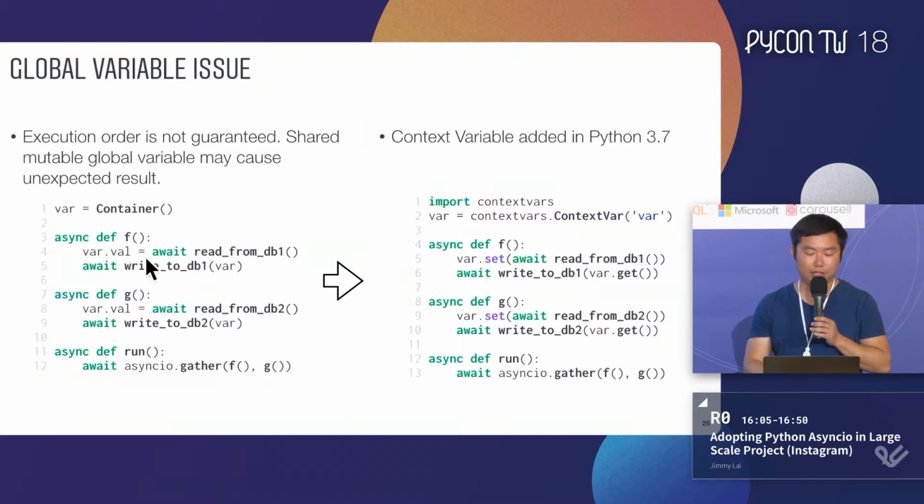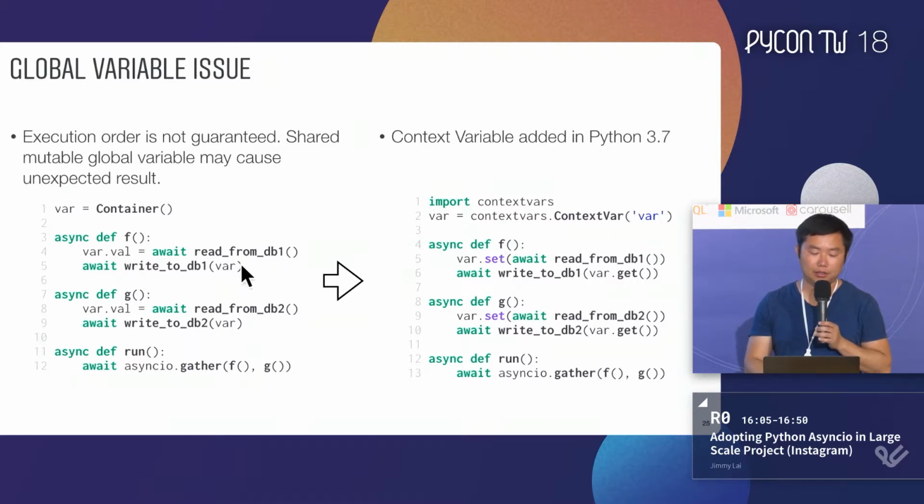So if you have an example like this, you run gather on f and g, and f is trying to read and write a value from database 1. It's writing to a global variable, var value. And g is doing a similar thing, but it's trying to read and write from another database.